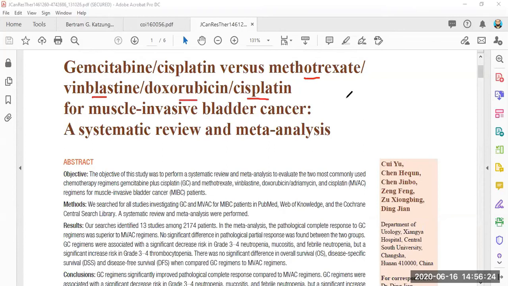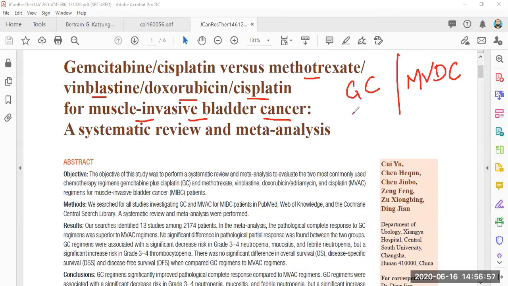So this is a comparison of two treatments for muscle invasive bladder cancer, where we are giving either GC, which is gemcitabine and cisplatin, or methotrexate, which we are discussing in today's topic, plus a combination of other drugs like vinblastine, which belongs to the vinca alkaloids, with doxorubicin and cisplatin as well.